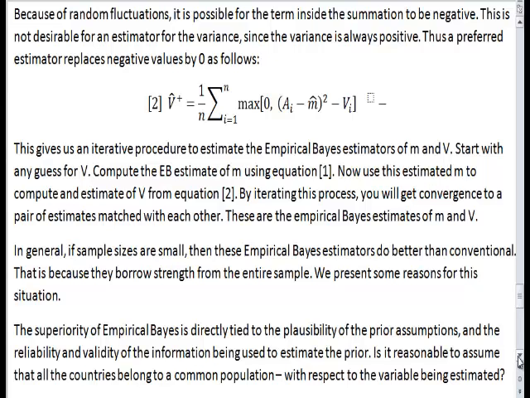The other thing is that if the sample sizes are very large, then the empirical Bayes doesn't do us any good, because if you look at the formula, you have Ti, Pi multiplying the data mean. If T becomes large, then even if the prior is good, it gets overwhelmed by the data evidence, and that's as it should be. If a country has a lot of data on its own, then there's no need to borrow extra information from the outside.